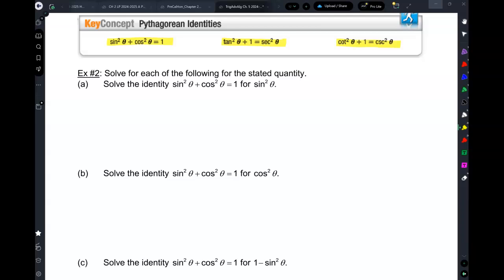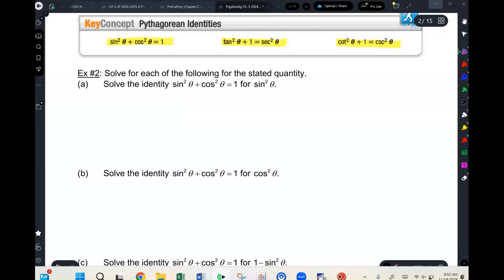All right? So I'm going to just write this here. Again, I'm just going to rewrite it. It says sine squared theta plus cosine squared theta equals 1. And I want to solve it for sine squared theta. That means, what should I do with this cosine squared theta?